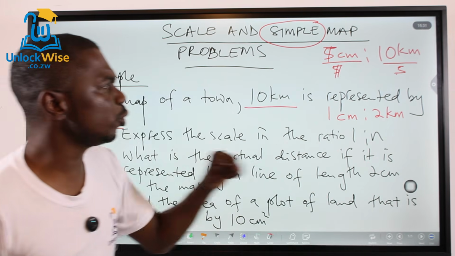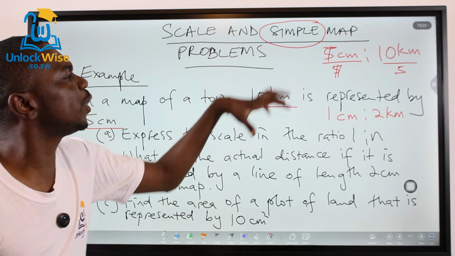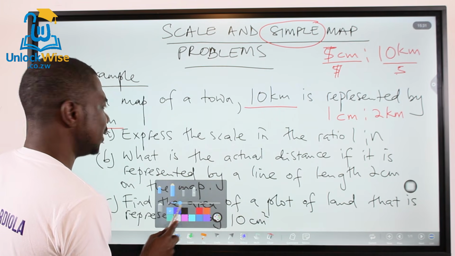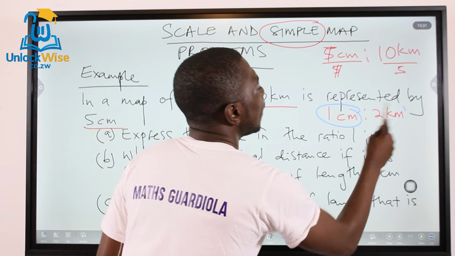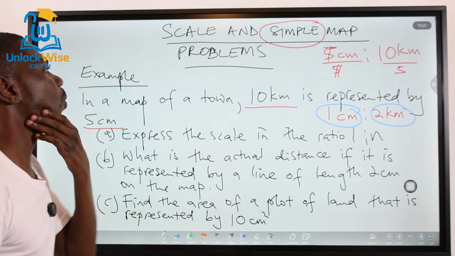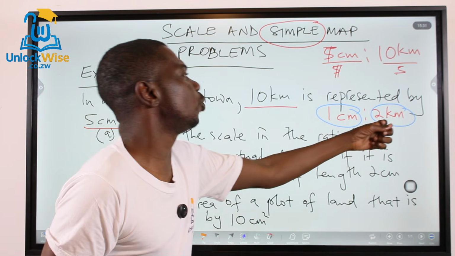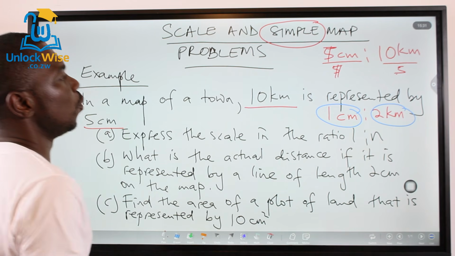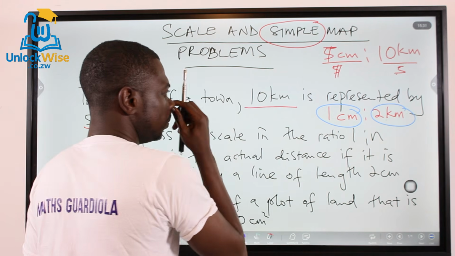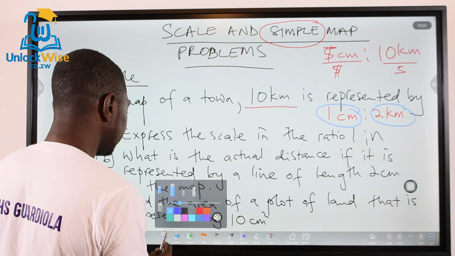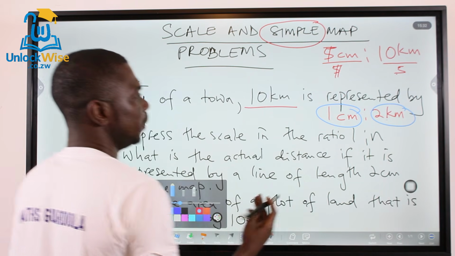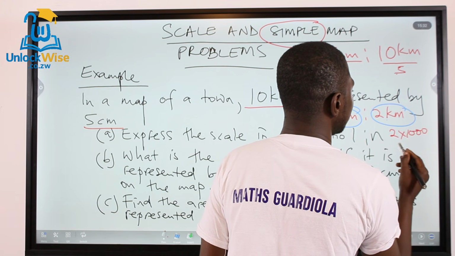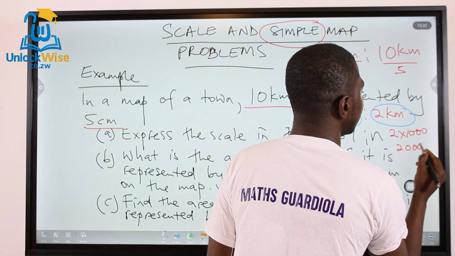Right. So what I want you to understand here is we want to express these units in the same dimensions. What do I mean? We want to have 2 kilometers in centimeters as well, right? So you multiply the kilometers by 1000. So we have our 2 being multiplied by 1000 to give us 2000 meters.